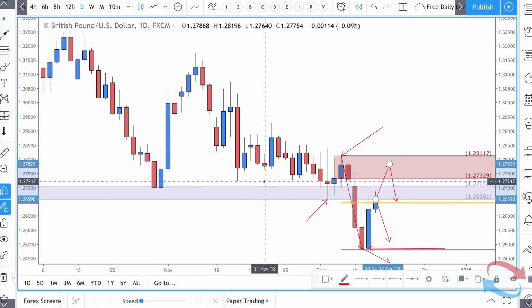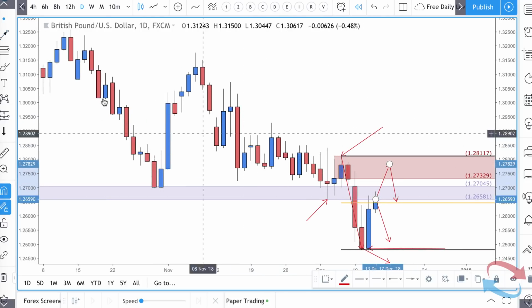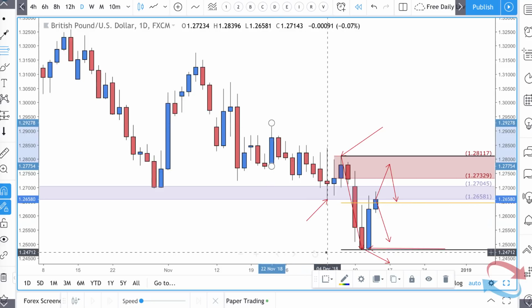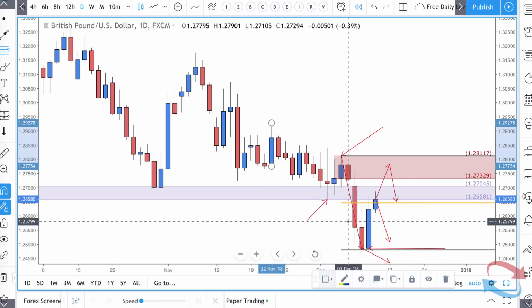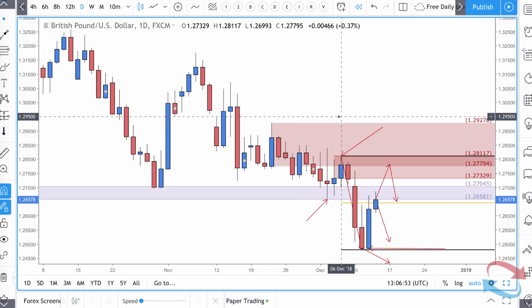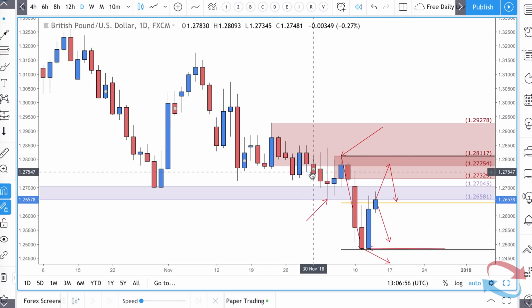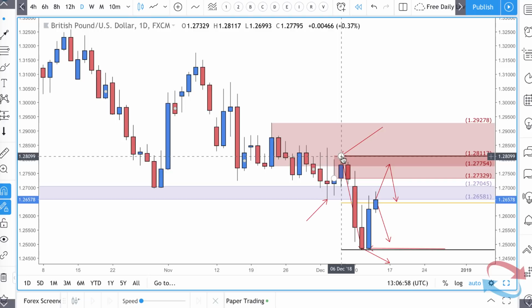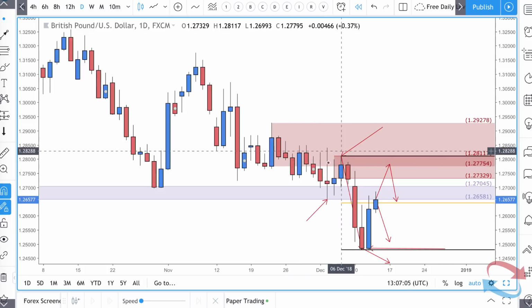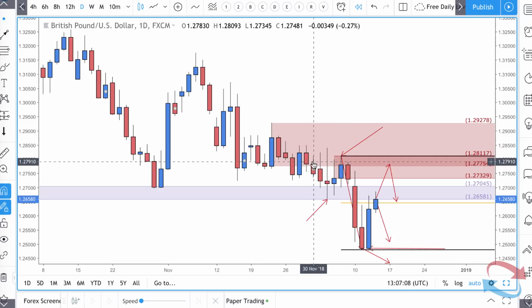Now, to expand on this, we also have several supply zones within this area. Another one being right there. There's a link in the YouTube description below regarding how I draw supply and demand zones and why I draw them, with an introduction to supply and demand, the beginner's guide, and also a video regarding how I draw using candlesticks.